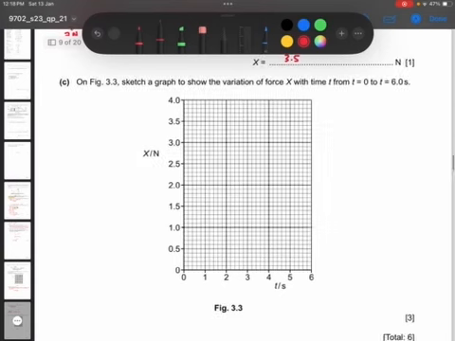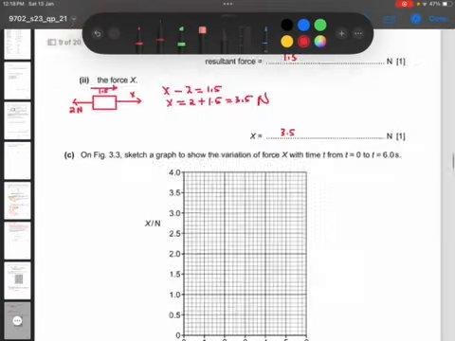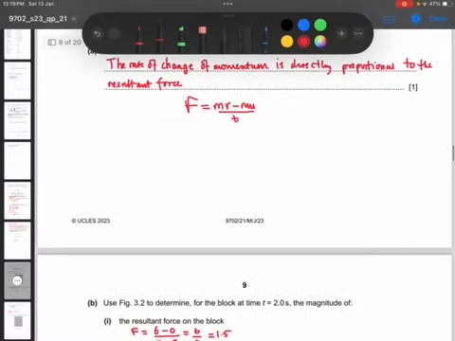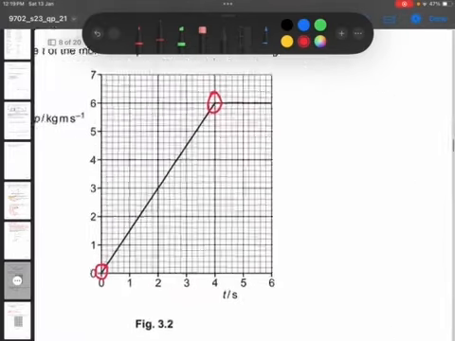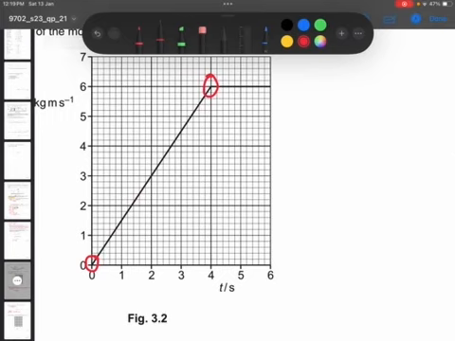Next, it says, on figure 3.3, sketch a graph to show the variation of force X with the time t from time equal to 0 to time equal to 6 seconds. Now it is apparent here, if you check carefully, that from this point to this point the graph was a straight line, which means that the resultant force is constant during that region.